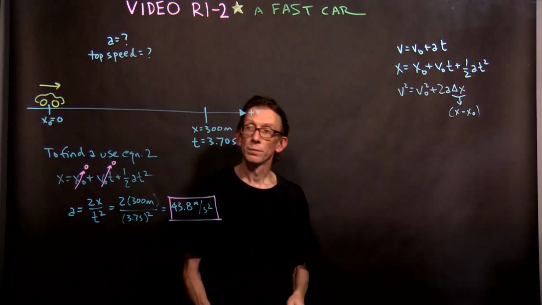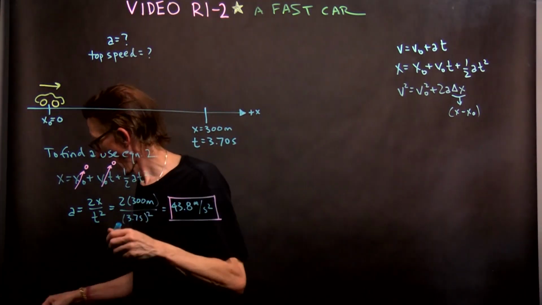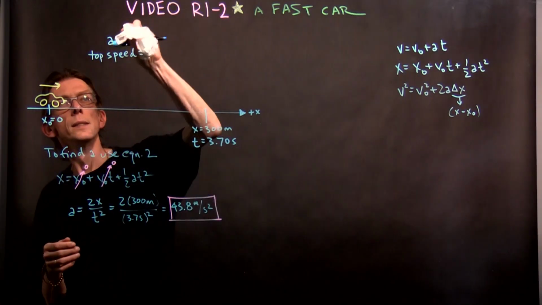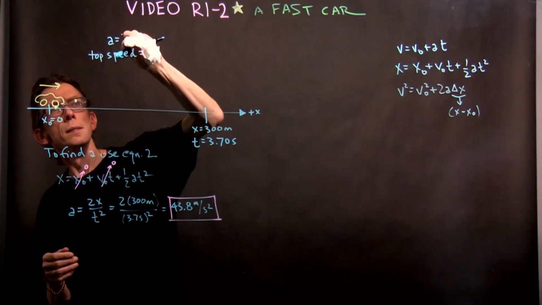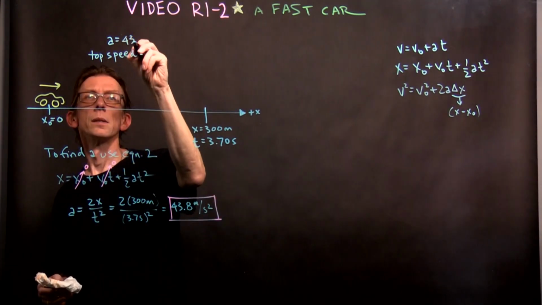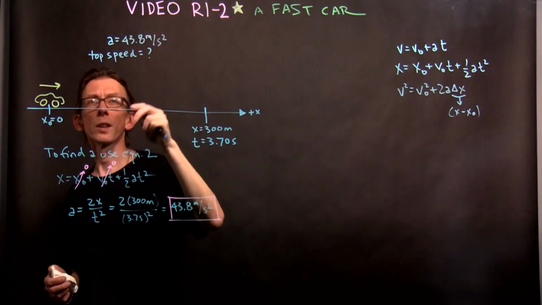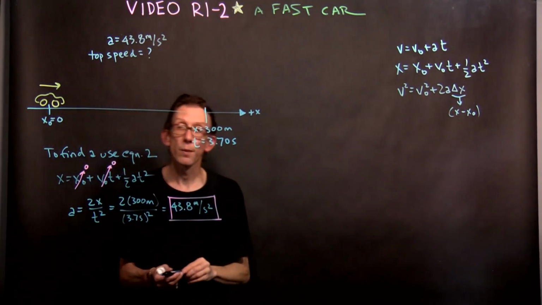Okay. So now that we've gotten a done, a is 43.8 meters per second squared, now we want to know what the top speed of the car is.